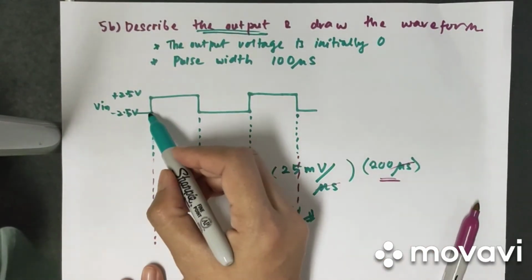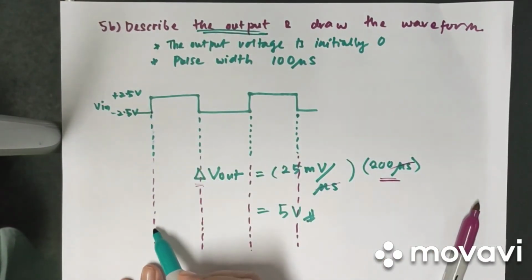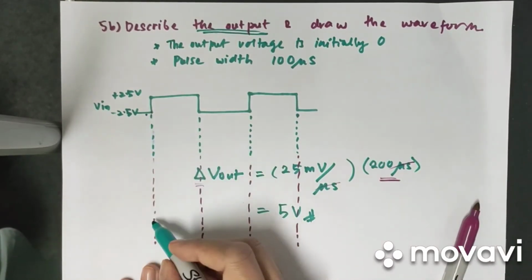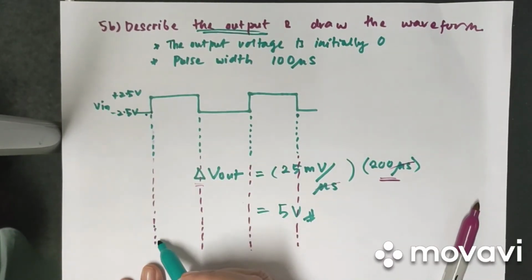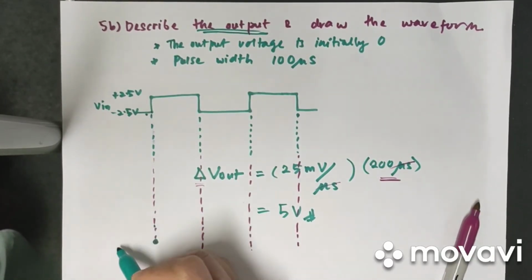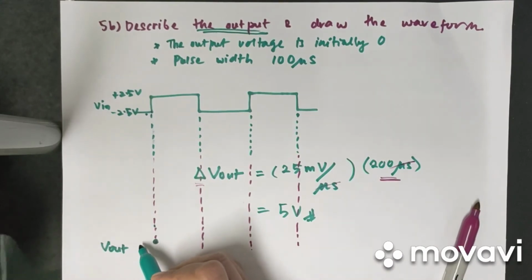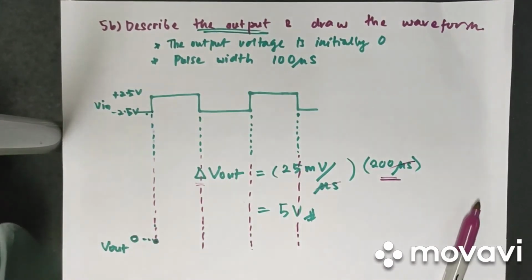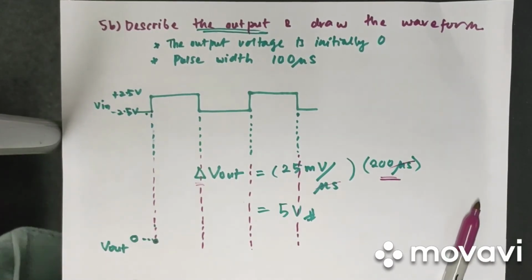So let's say we start from here. This is V out, and V out starts from 0.